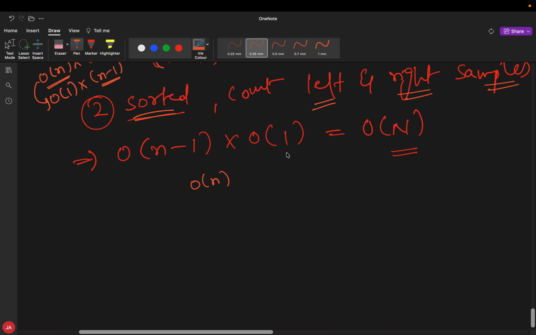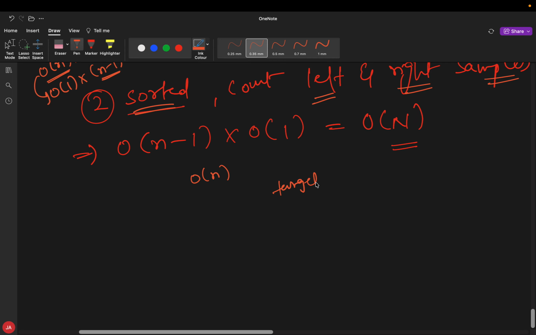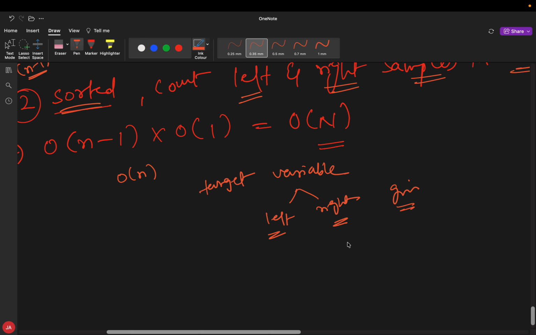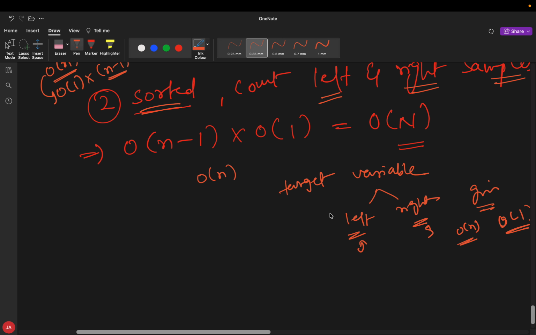How many target variables are to the left and to the right? We just need to count this, and we have the Gini. So to update this, we don't need O of n, we just need O of 1 practically.